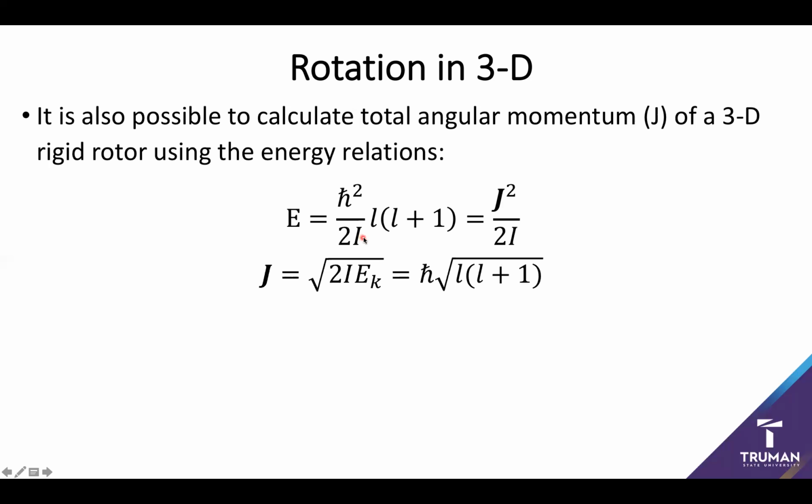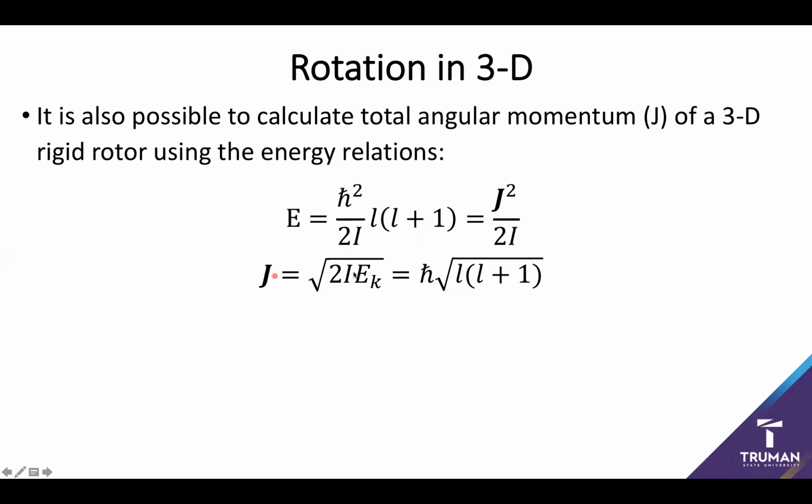And again, if I multiply my energy times 2I, all I'm left with is an h bar squared times my quantum numbers. Well, h bar squared can be pulled out front as h bar, and we're left with essentially Planck's constant times the square root of our quantum number portion of the equation.